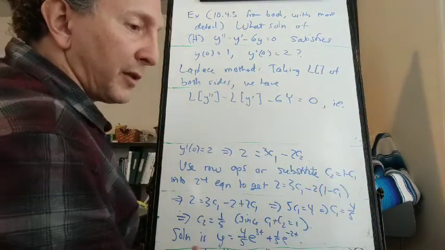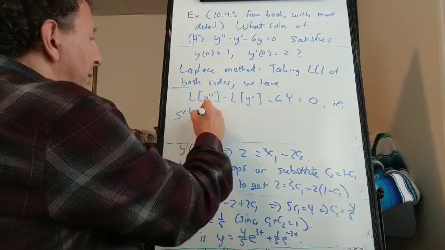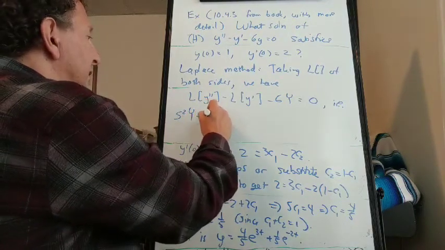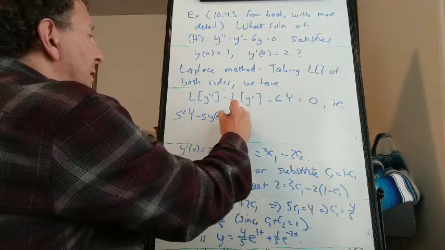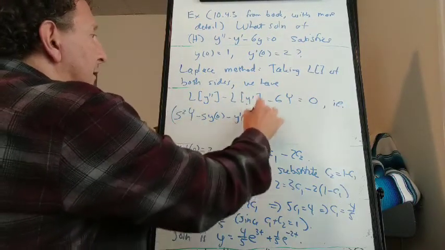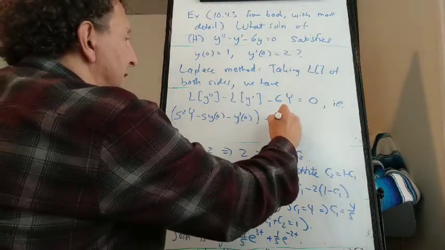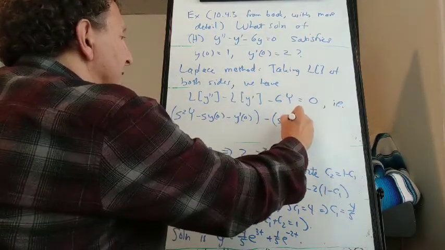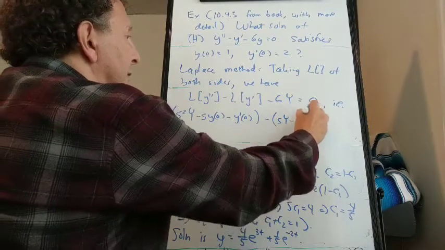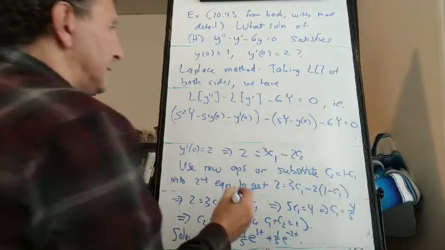The Laplace transform of y double prime is s squared capital Y minus s y of 0 minus y prime of 0. And then the Laplace transform of y prime is s capital Y minus y of 0, minus 6 capital Y equals 0.